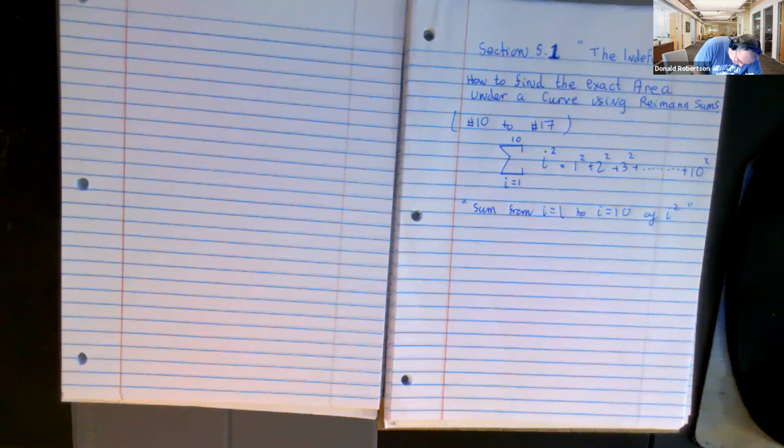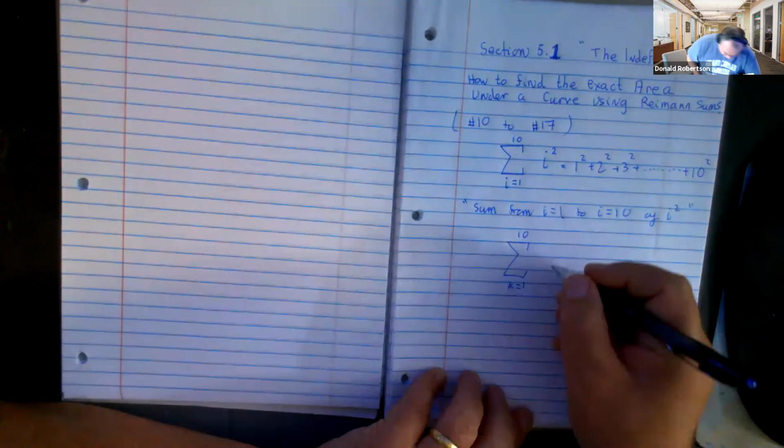Now, another thing about Riemann sums is that the variable that you use for counting, and in this top question, it was k, as long as you are consistent, this guy mathematically is identical to the first one. Couldn't I say p equals 1 to 10, r equals 1 to 10, any letter of the alphabet?